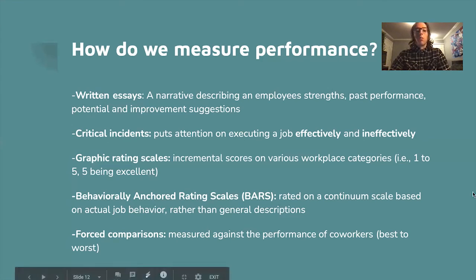Lastly, in my opinion, what I see as the most cutthroat type of performance measurement comes in the form of forced comparisons. Essentially, it is where employees are measured relative to how their coworkers perform. The most common forms within this type are group order ranking and individual ranking.